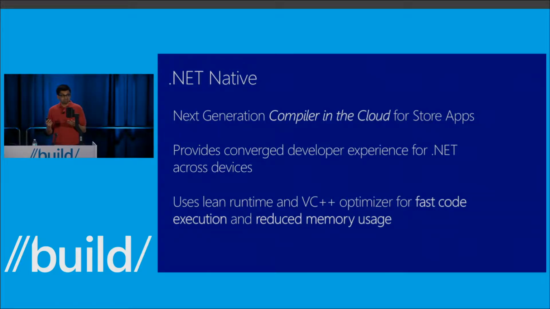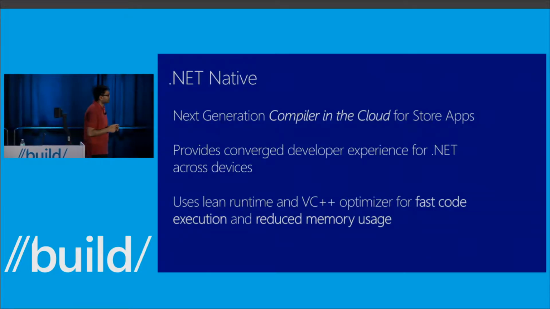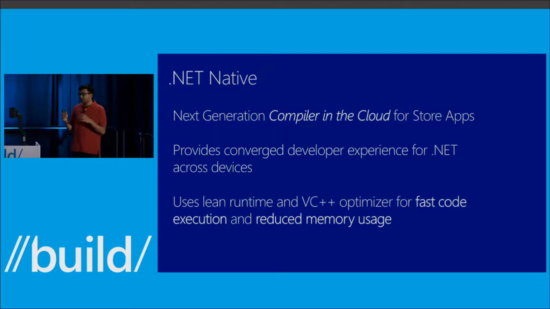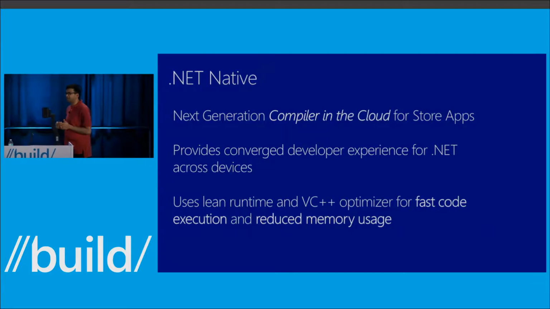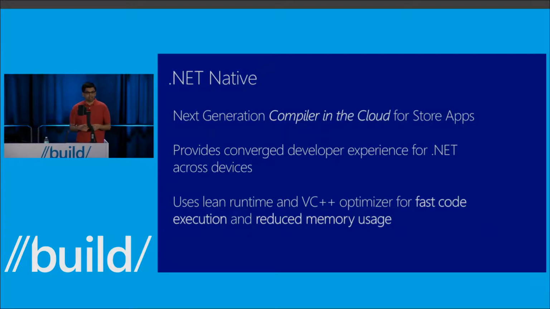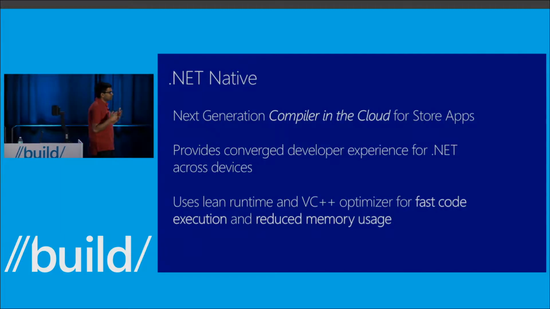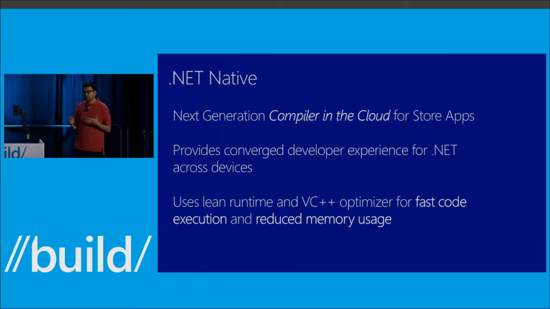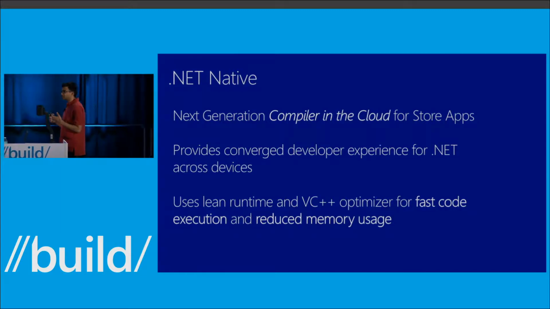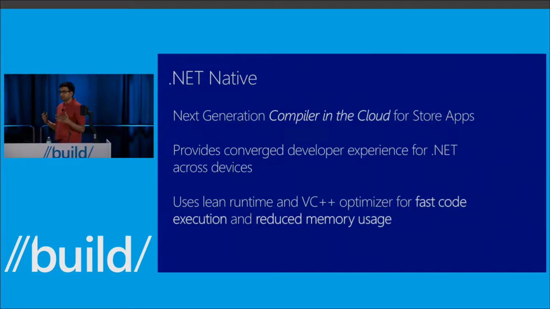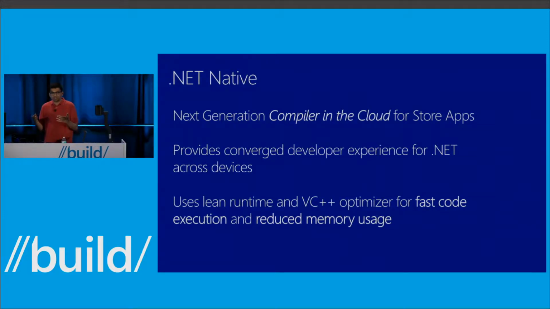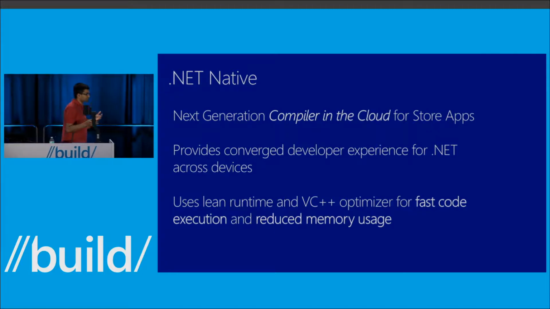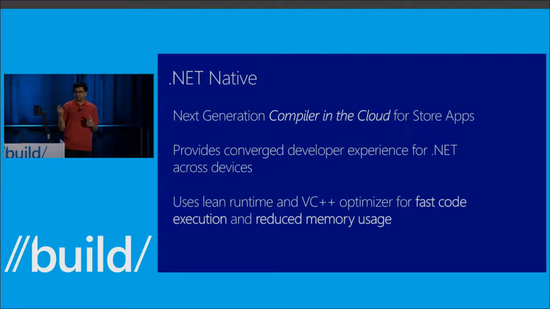Well, that's actually a pretty good chunk of the audience. So just for the remainder of the folks, let me take a couple of minutes to recap what .NET Native is. It's our next generation of compiler technologies for .NET that allows us to compile .NET applications down to the actual bits, be that x86 or x64 or ARM, in the cloud.